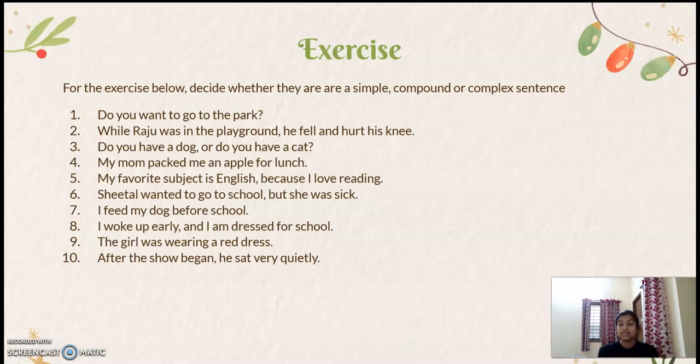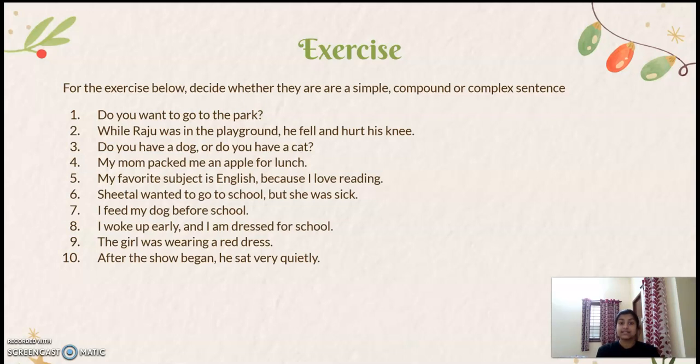My favorite subject is English because I love reading. Sheetal wanted to go to school, but she was sick. I feed my dog before school. I woke up early and I'm dressed for school. The girl was wearing a red dress. After the show began, he sat very quietly. You can pause the video to think about it for a couple of seconds.